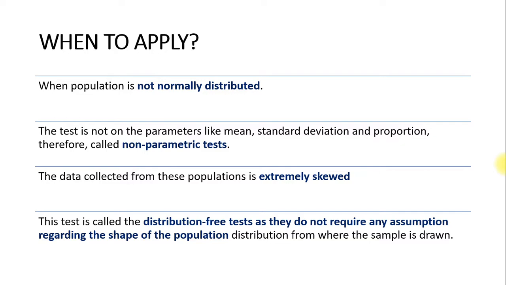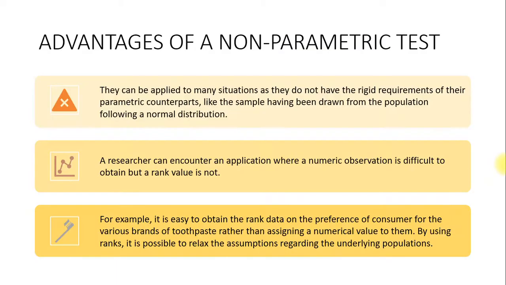When your data is extremely skewed, then also you could apply a chi-square test, because this test is a distribution free test. This test does not require any assumption regarding the shape of the population or a sample. It could be non-normal, and therefore you could apply this chi-square test as a non-parametric test.